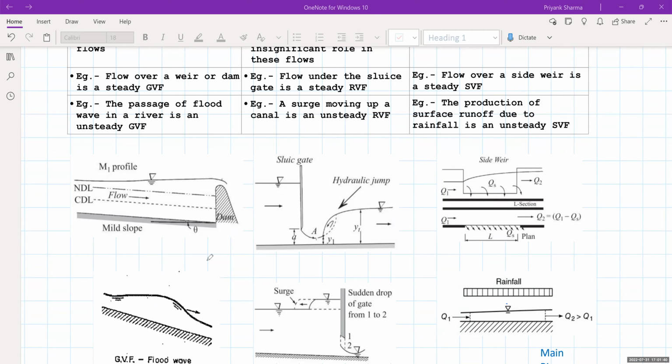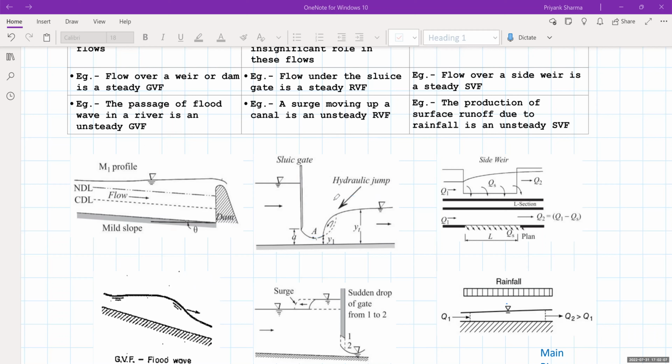Now coming to RVF, the flow under a sluice gate. This is a sluice gate which is generally used in irrigation canals. Here you can see this is the water depth, and when you open the sluice gate, so the sluice gate is lifted, the water will flow below it, and there will be a sudden change in the depth, which is represented by a hydraulic jump, and that is called a rapidly varying flow.